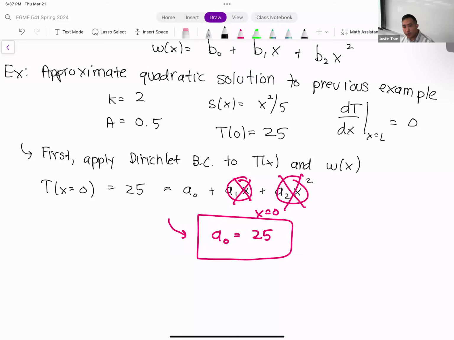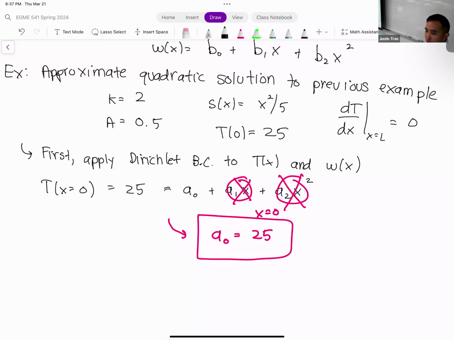Question: how do we choose a form to use in these approximations? That's a great question. When we do finite elements, there's a limited number of functions that you can use. Basically, it's just going to be a linear function or a quadratic function. But when you're finding approximate solutions on their own, it's really up to you what functional form you choose.